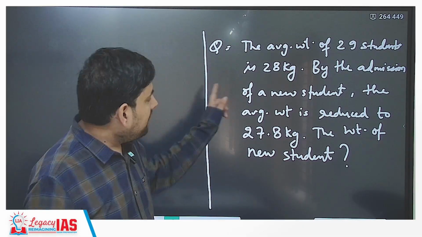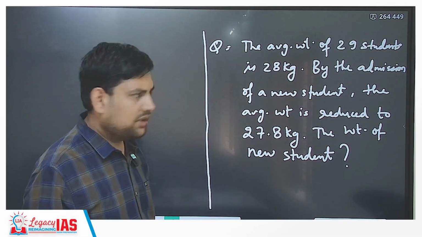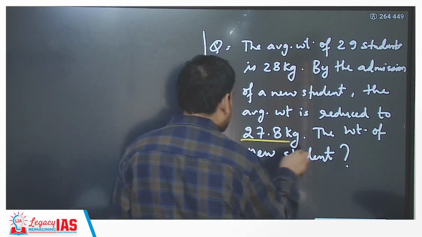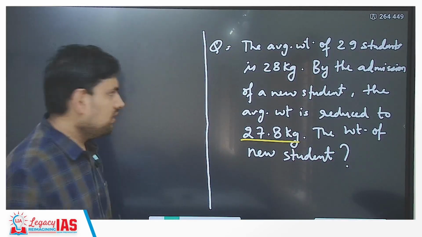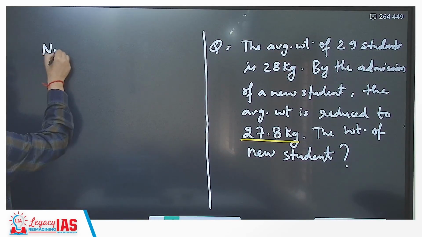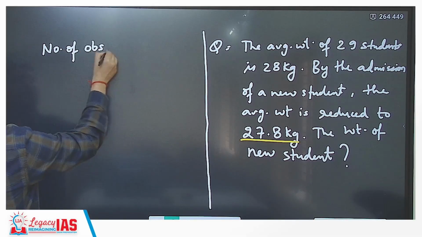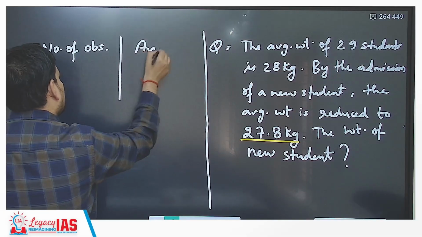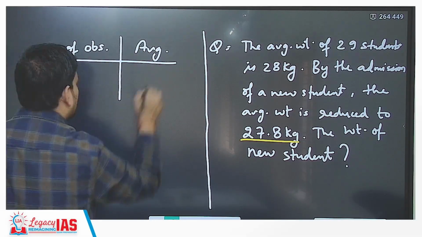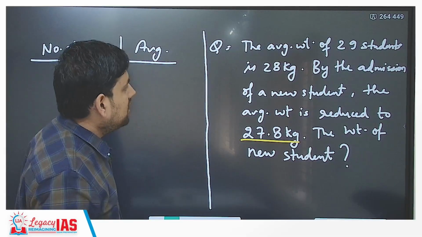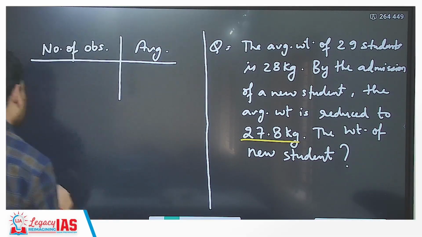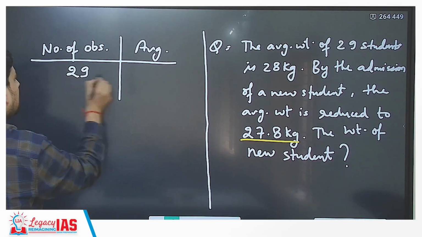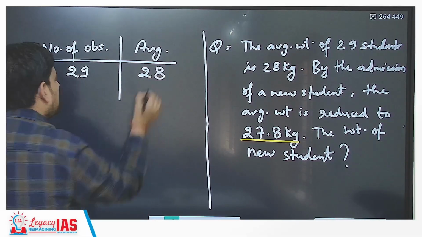Now, the average weight of 29 students is 28 kg.